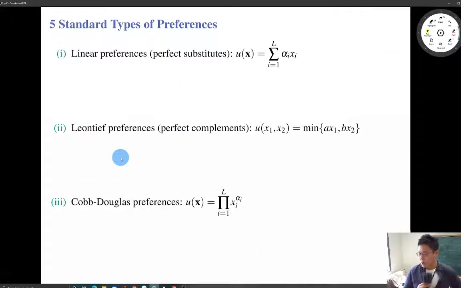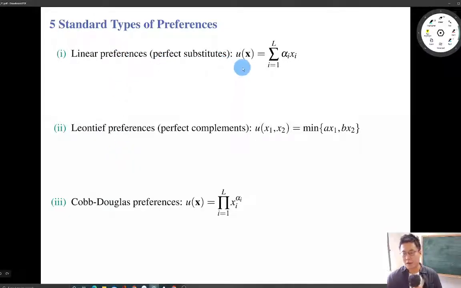All right, then we have five standard utility functions. Those satisfy the previous assumptions. So the preference relations captured by these five standard utility functions are rational, continuous, monotone, and convex. The first type is linear preference.